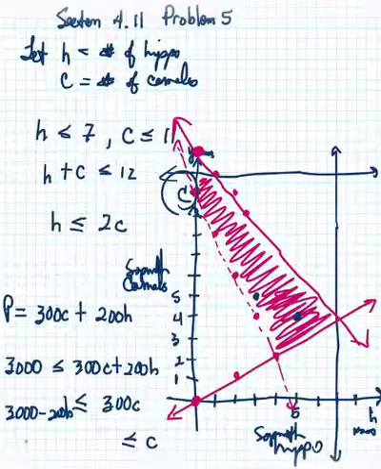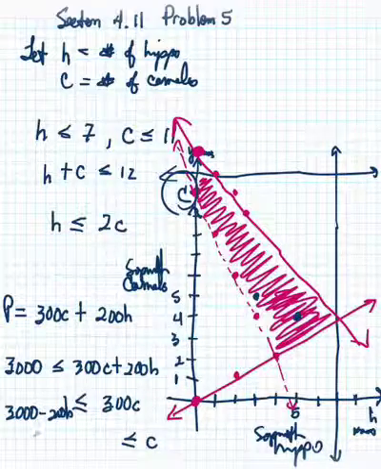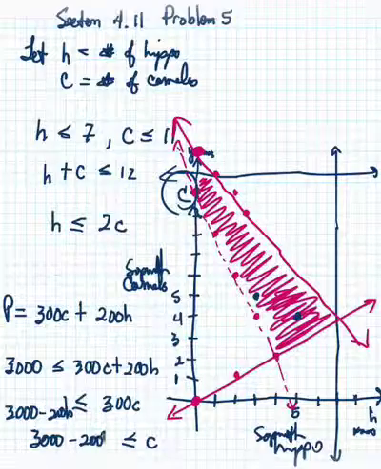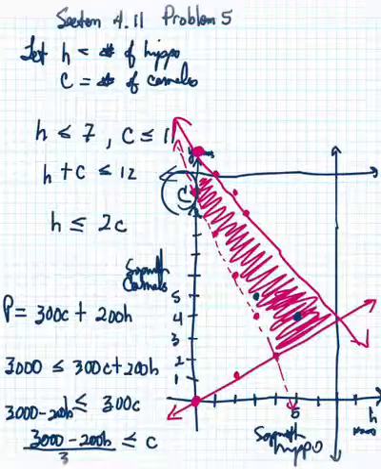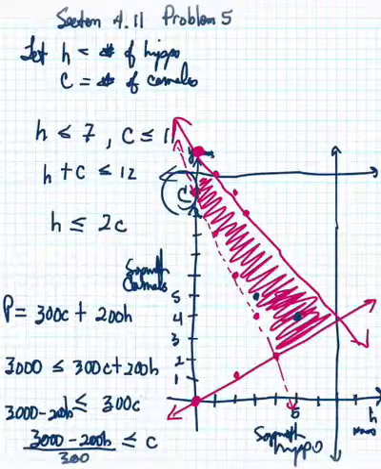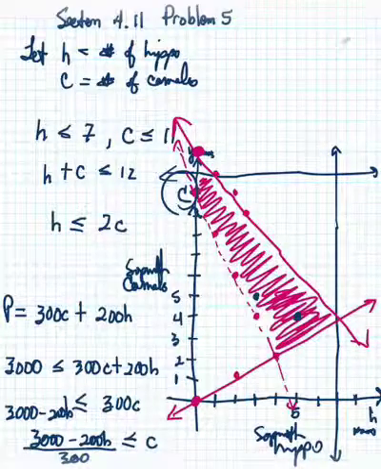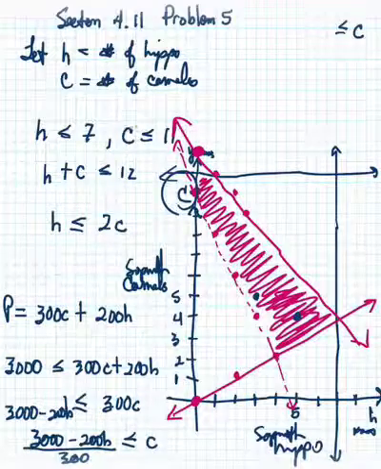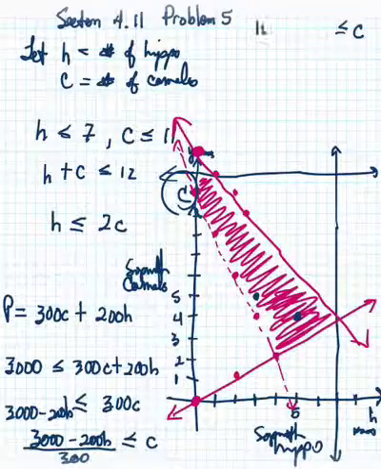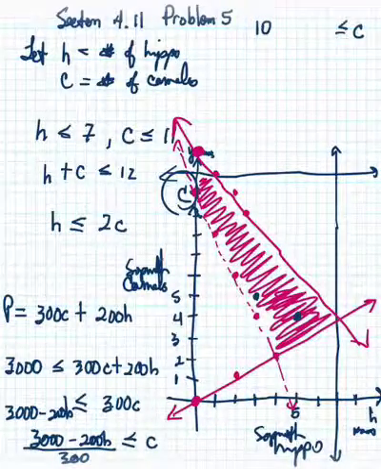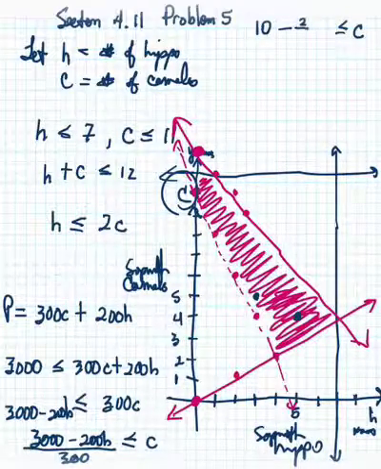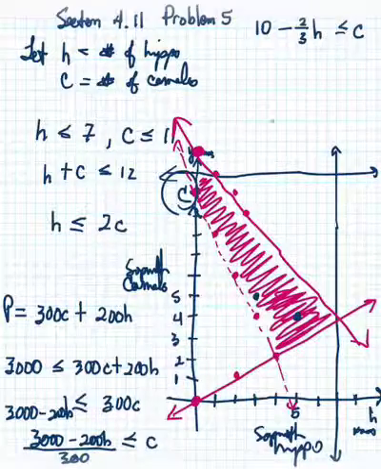So C is greater than or equal to 3,000 divided by 300, which is 10, minus 200 divided by 300, which is 2/3 H.